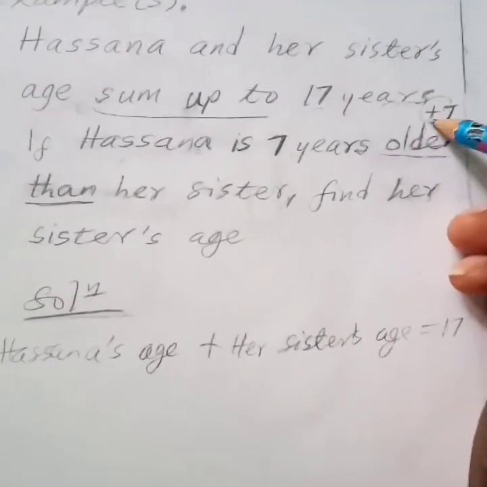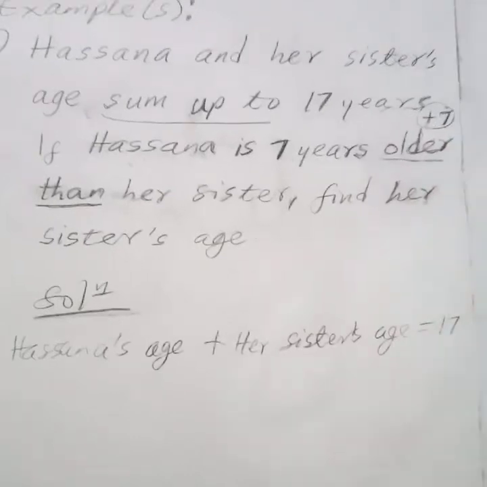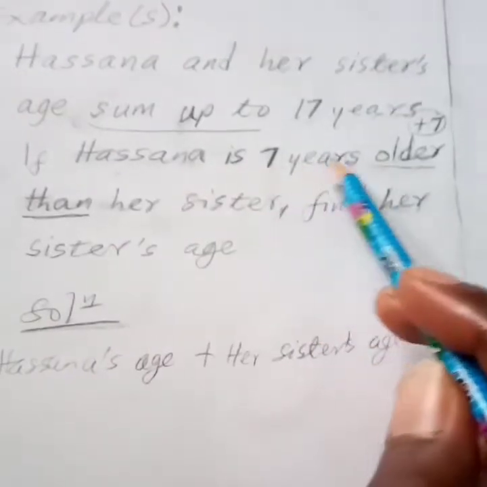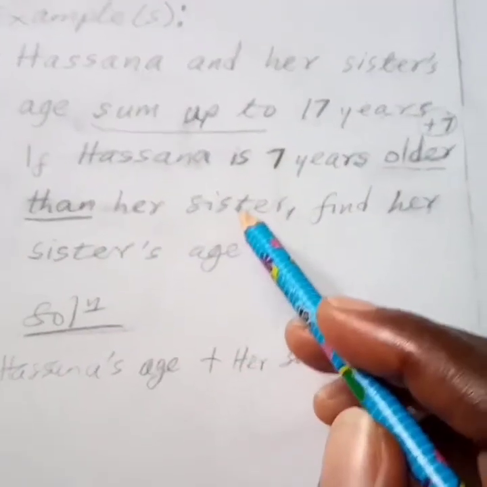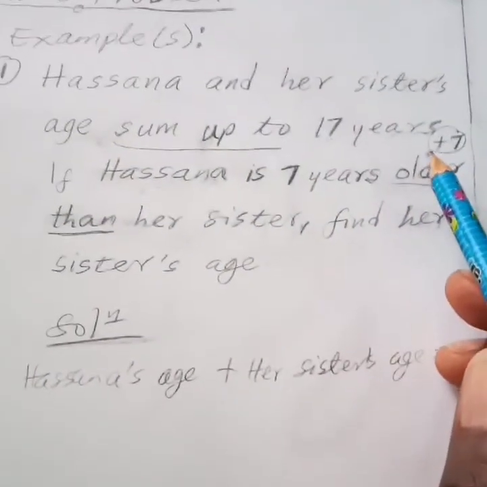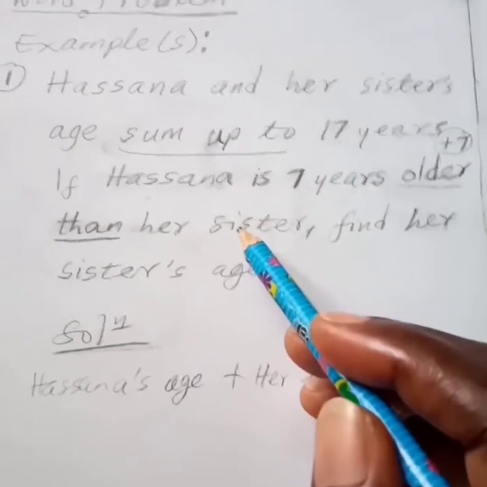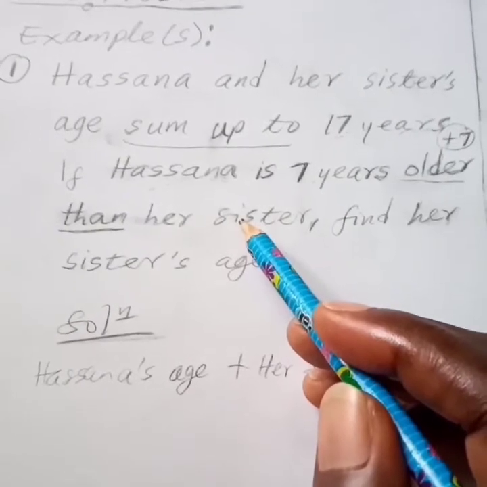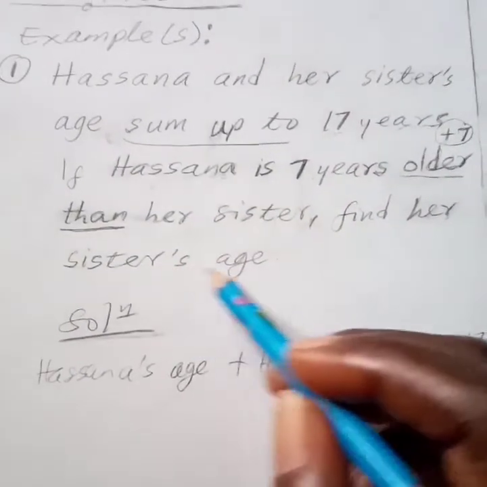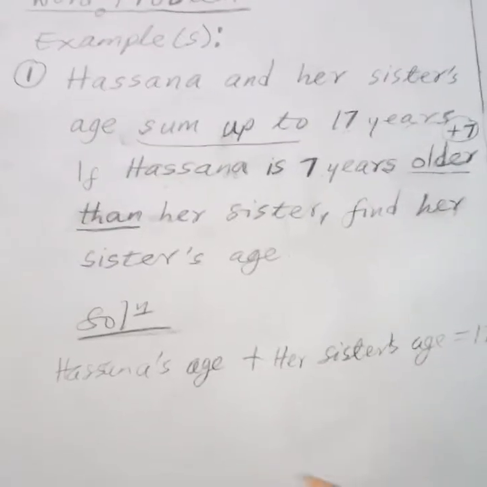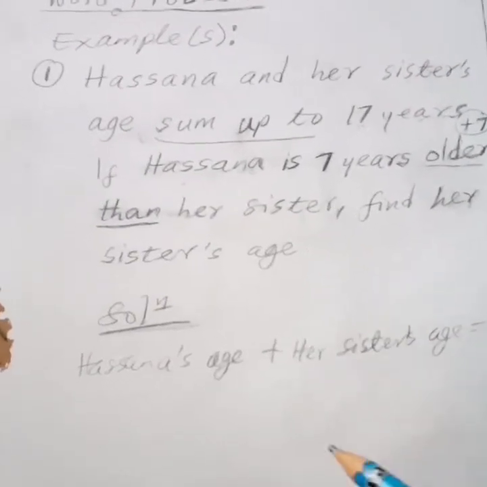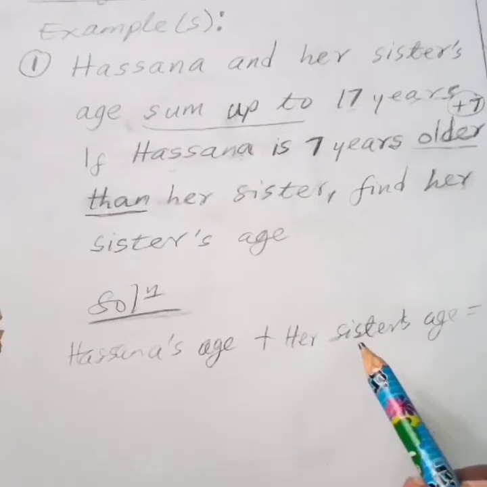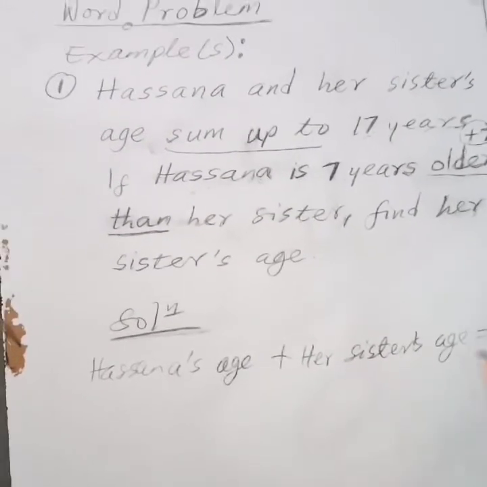We must add 7 to what? If Hasana is 7 years older than her sister, meaning we must add 7 years to that of her sister's age. So 7 years added to her sister's age would give us Hasana's age.